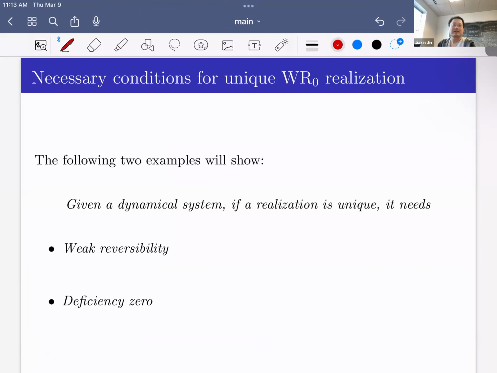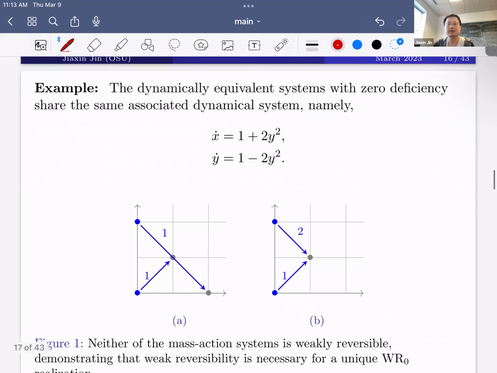First, we start to find the necessary conditions for a unique WR0 relation. The following two examples will show that if you give me a dynamical system and you say it has a unique realization, it needs weak reversibility and difference zero. In the first example, two systems, graph A and graph B, are dynamically equivalent. However, they are not the same, so it is not a unique way of representing this dynamical system.